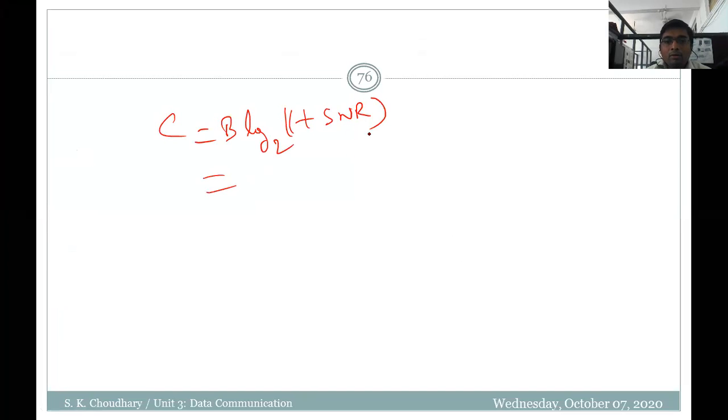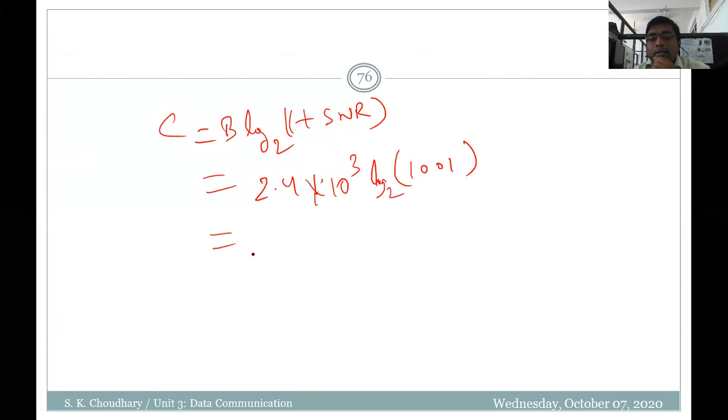Just substitute the value here. So 3.4 into 10 to the power 3 log base 2 of 1001. Calculate this, and you will get the value. So solve this numerical. In the next lecture I will ask everyone the answer. Okay. Thank you all for attending the lecture.